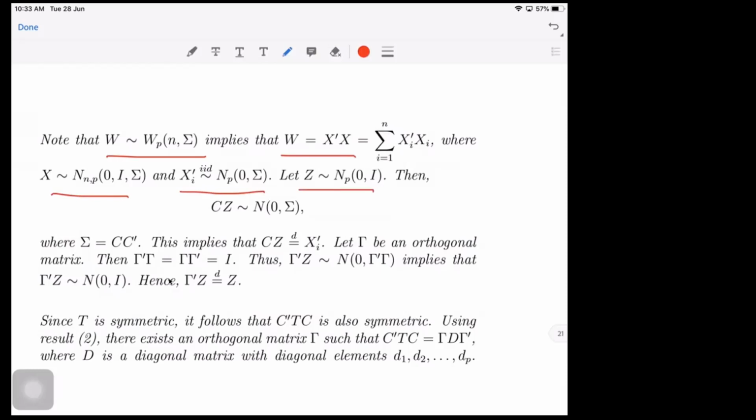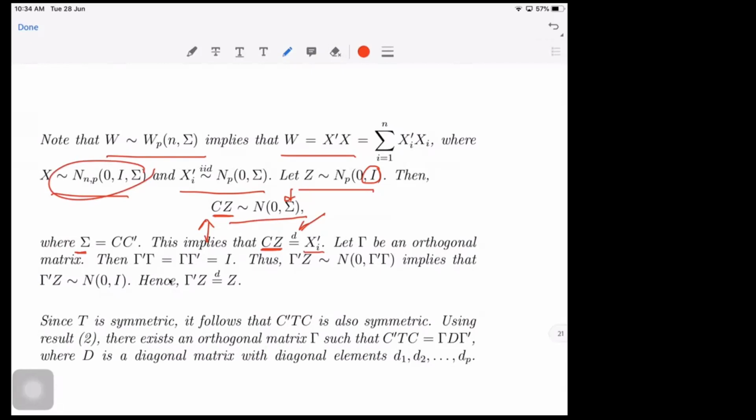If we have a standard normal Z and pre-multiply it by C, where C is a function of sigma, such that sigma is CC prime, then CZ is also normally distributed. The difference is that I will be changed to sigma. So this implies that the transformation CZ will have the same distribution as our X. Our X is normally distributed.